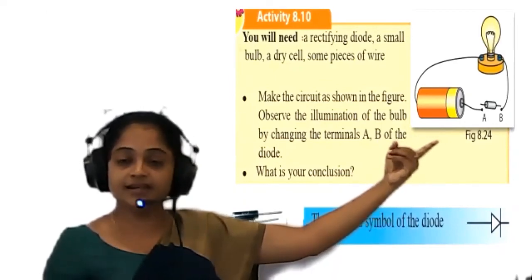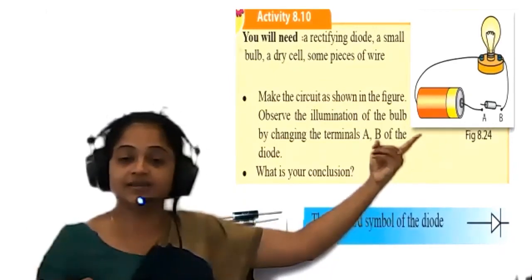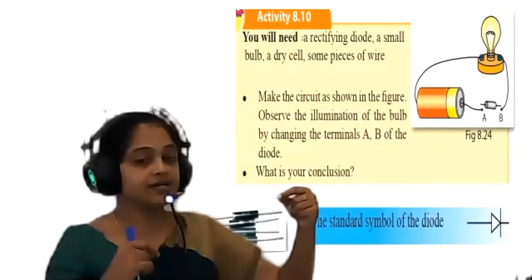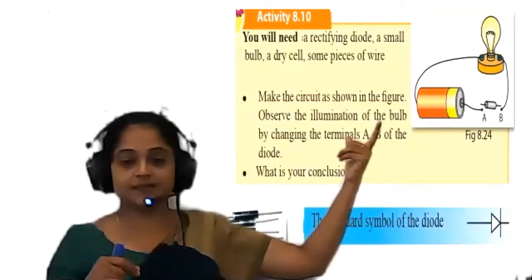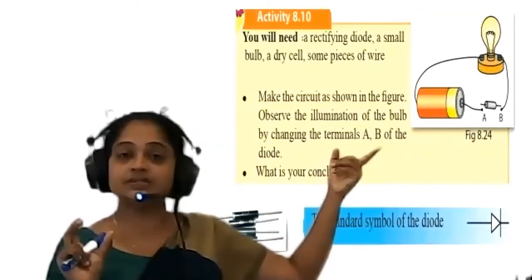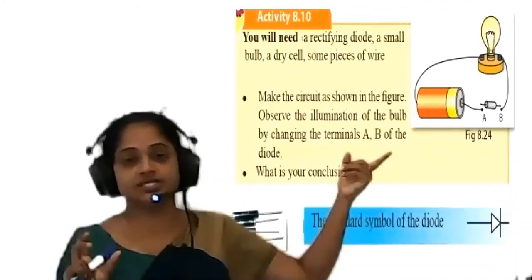Right. Then, you have to repeat this activity by changing the terminals. Right? Changing the terminals. In a diode, there are two terminals, positive terminal and negative terminal.